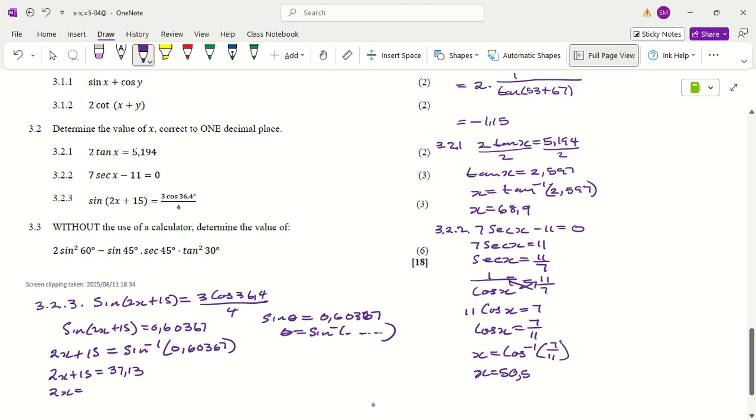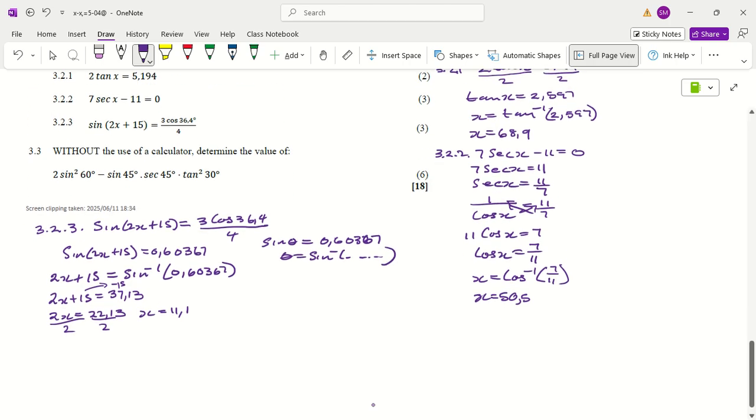Then 2x is equal to 37 minus 15, which is equal to 22 comma 13. Because I've taken 15 to the other side, it becomes negative 15. And then now I can divide by 2, divide by 2. Then x is equal to 11 comma 1. So very simple there.